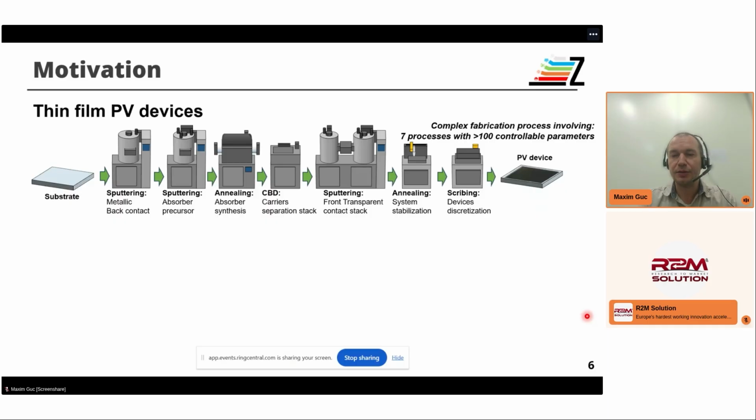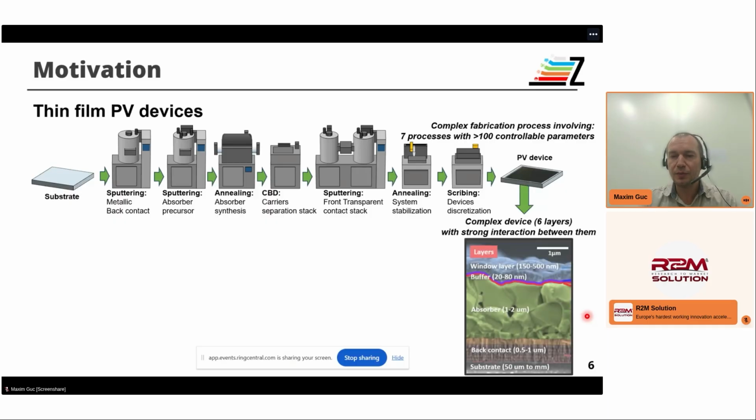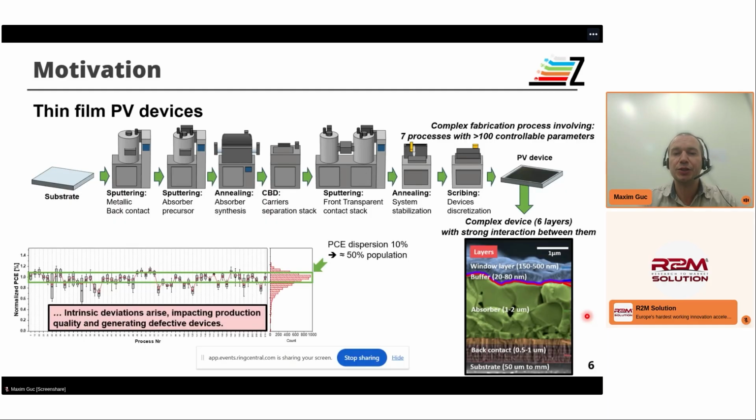So this is what we obtain as a result of these complex processes of following different steps. And as a result, of course, we get some dispersion in the final efficiency of our devices. Sometimes this dispersion is even so high that we really need to throw out half of our products.